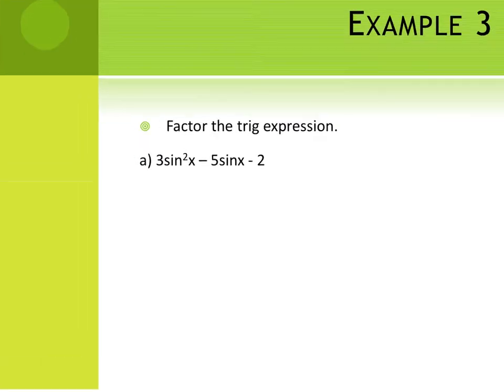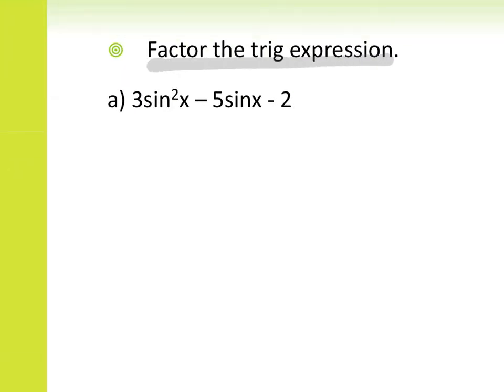All right, this one actually says factor the trig expression. So we go back to factoring, okay? You can leave it as it is: 3 sine squared x minus 5 sine x minus 2. I set up my 2 parentheses. Break this apart, so it'd be 3 sine of x and sine of x.